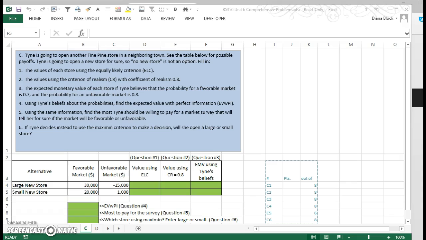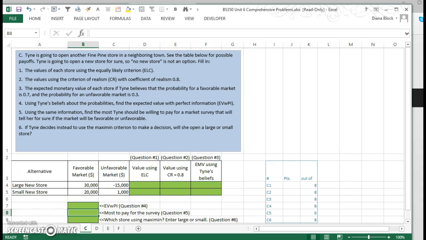So then we're going to calculate down here EVWPI. Remember, that is expected value with perfect information. So the formula that you're going to use for that is in the textbook. That formula is on pages 72 and 73.